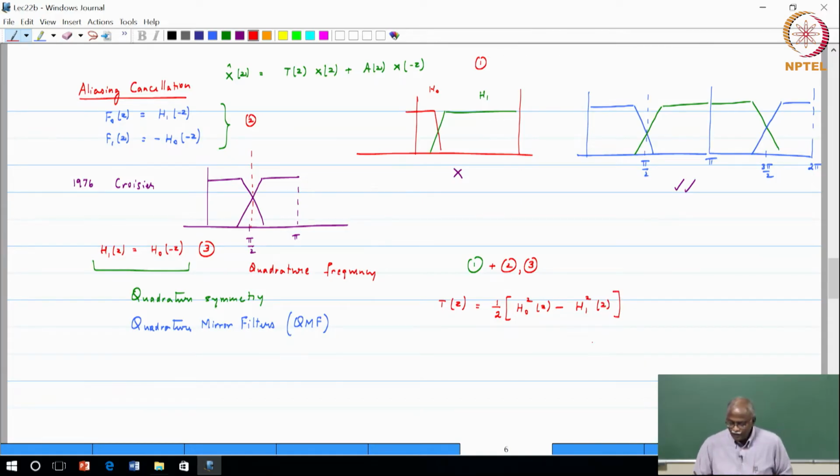And H1 of z is H naught of minus z, so this can also be written as 1/2 of H naught squared of z minus H naught squared of minus z.